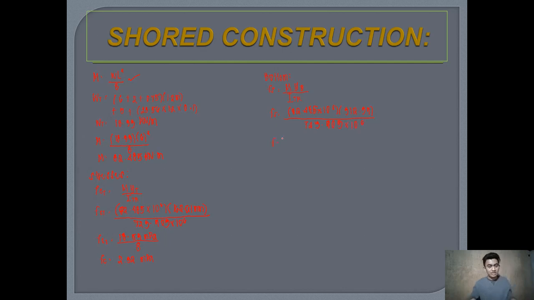Fs, the stress for steel, is equal to, substituting that again on your calculators, we will have a value which is equal to 35.60 megapascal. So we already have the stresses at the extreme fibers of our composite beam.